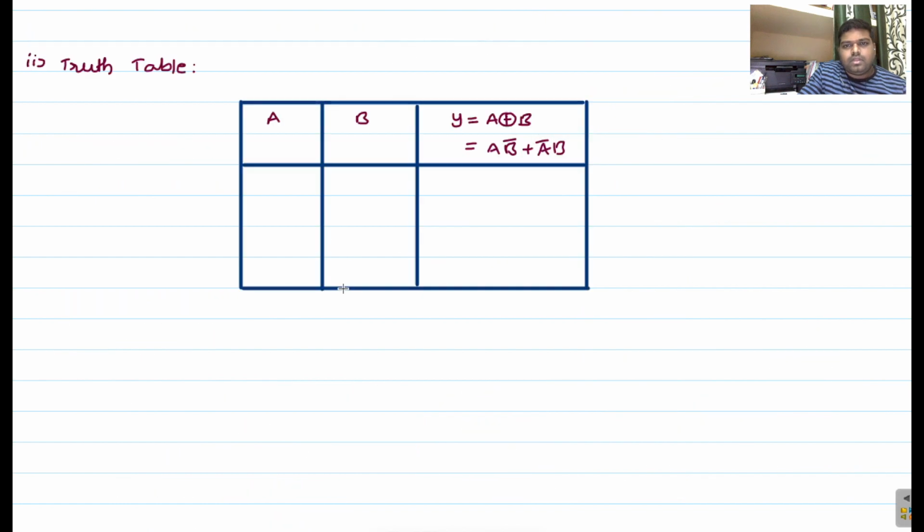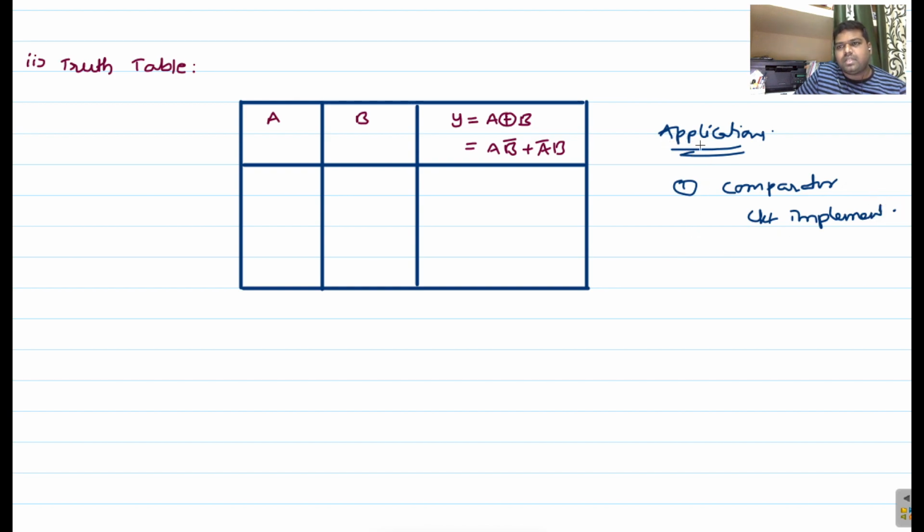So here I have mentioned applications. The first one is comparator circuit implementation, that means XOR gates are used in comparator circuit implementation.